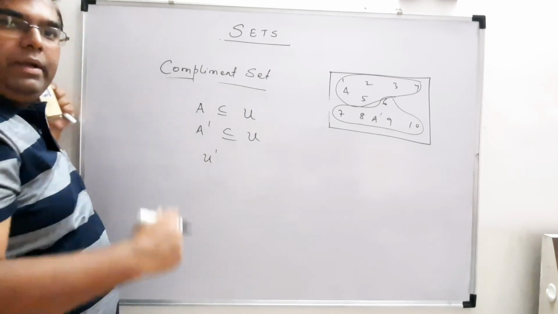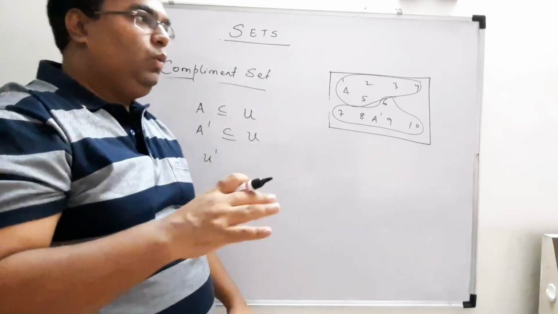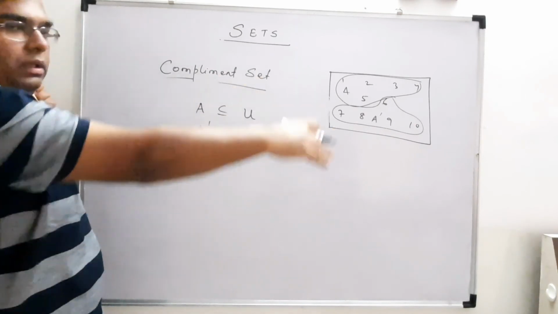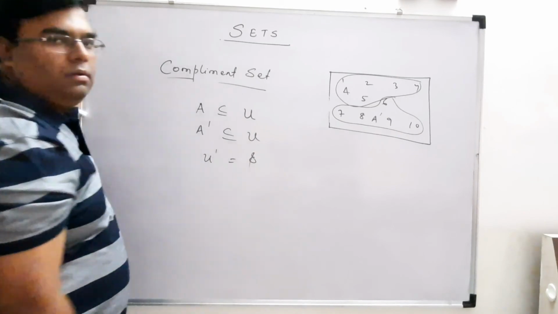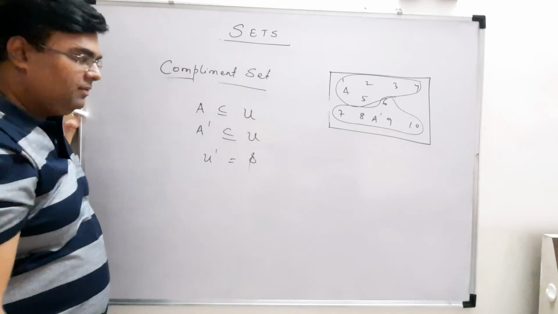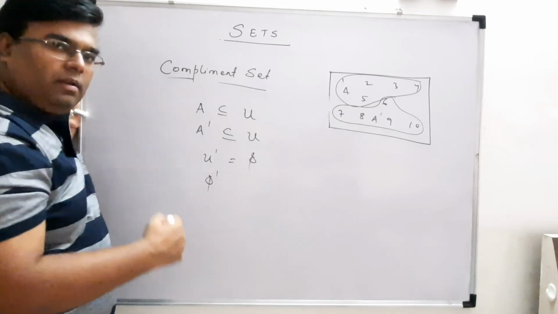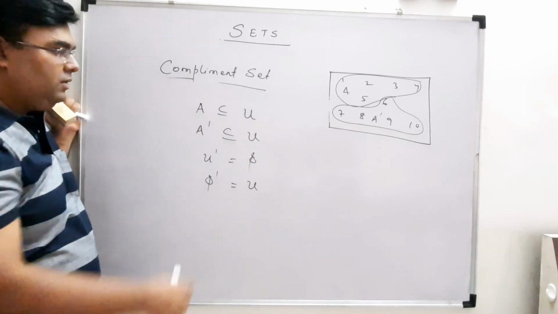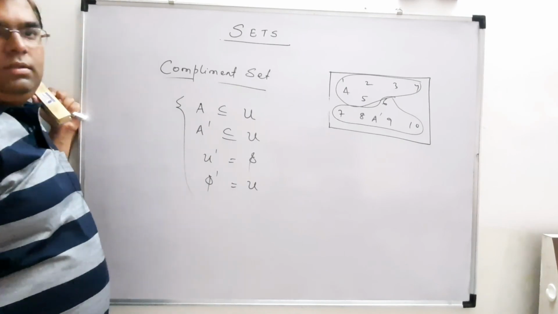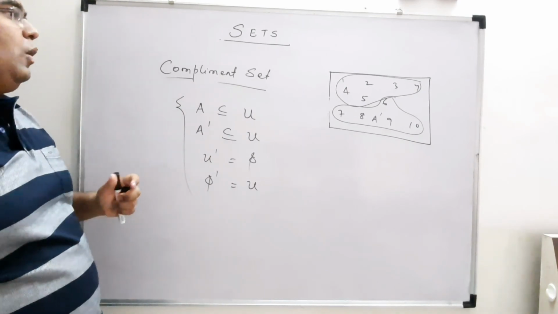What is U complement? U means what? Containing all the elements. So what is U complement? U complement is phi, empty set. And what is my empty set complement? U. Okay, so just remember these points of complement set.